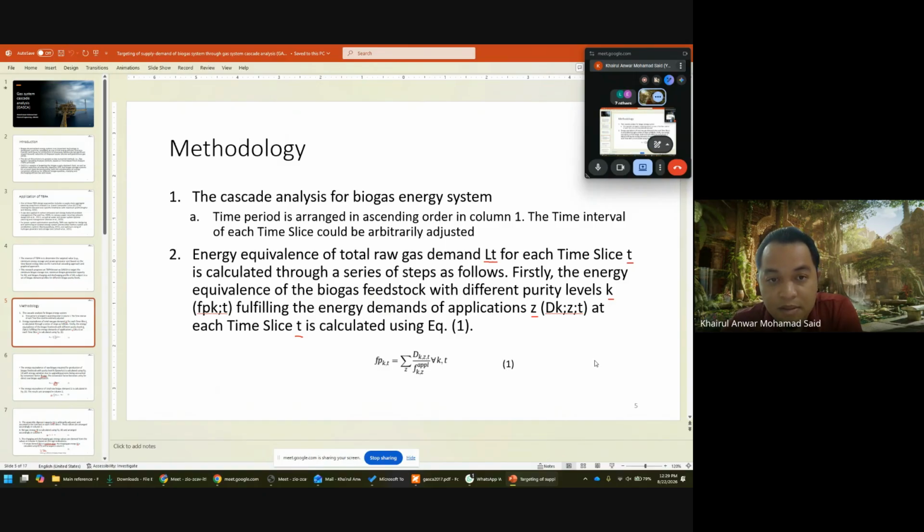Methodology. The cascade basis for the biogas energy system: the first column is time. It doesn't necessarily have to be 24 hours. It depends on how much data is given to you. Then the energy equivalent of total raw gas demand, LT.